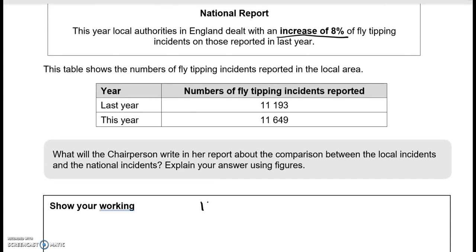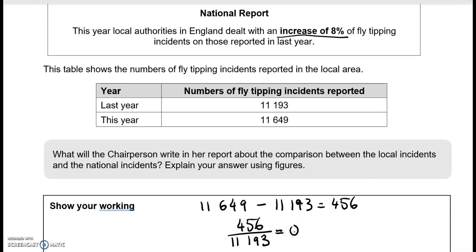So 11,649, take away 11,193. That is equal to 456. So 456 out of the original value, which was 11,193.